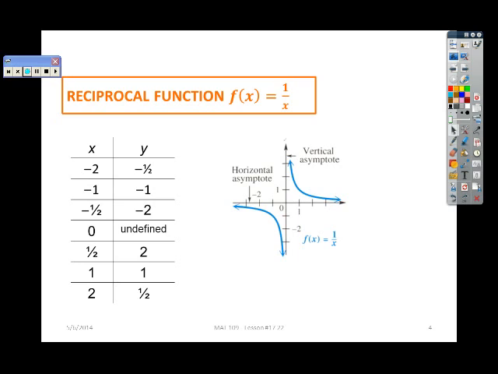What happens as x gets closer and closer to 0 is that the value of the function gets larger and larger. If x is positive, it gets positively larger. If it's negative, it gets larger negative. So you can make the value of the function as large as you want if you get close enough to 0.